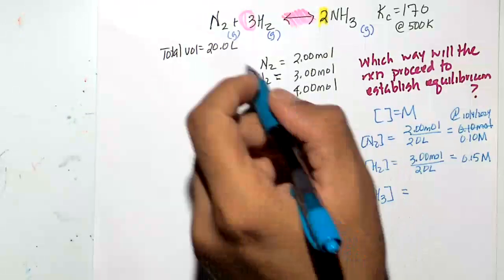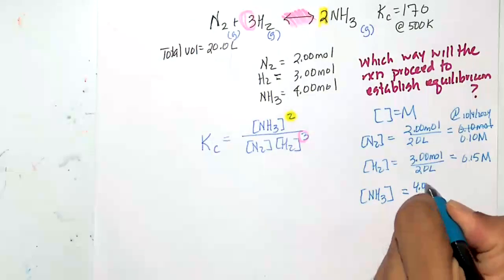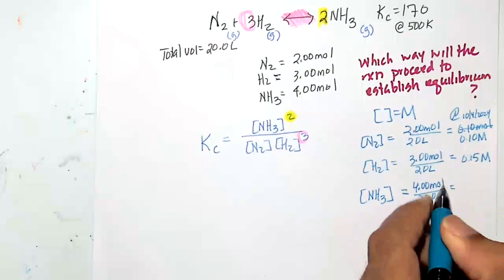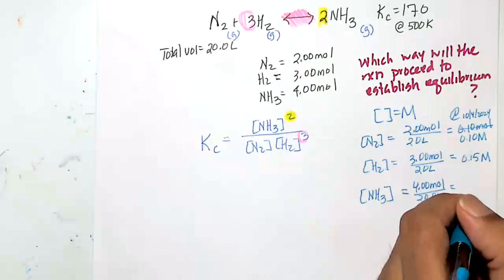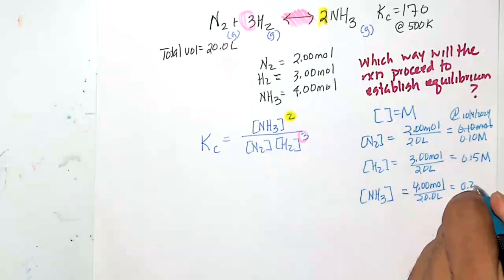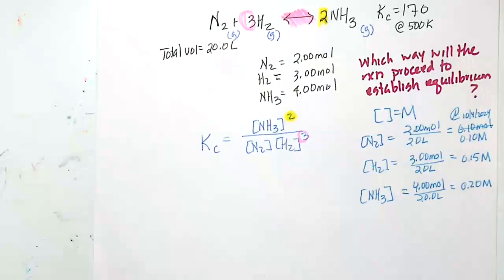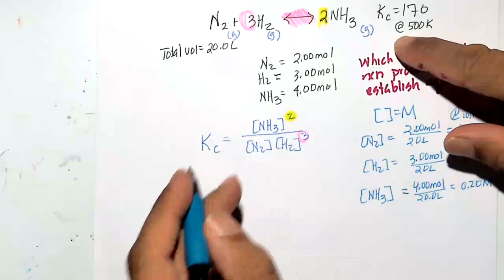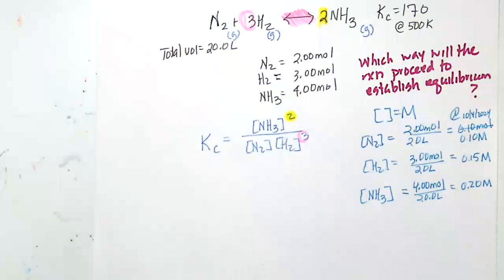NH3 is 4 over 20, 4 moles over 20 liters. What is that, 0.2 molar? Yes, 0.2 molar. So this is what gets plugged in here. Kc given to us in the problem is 170.